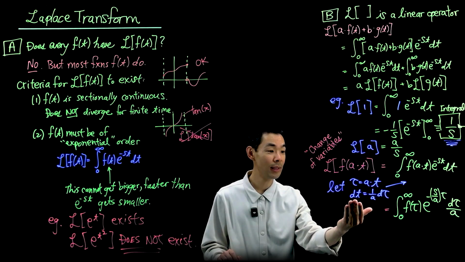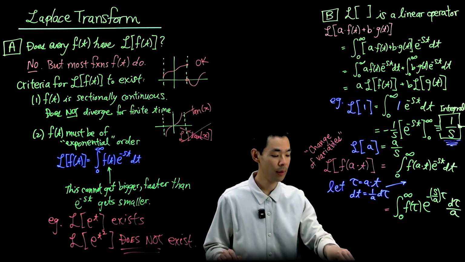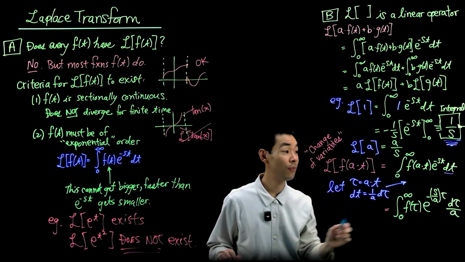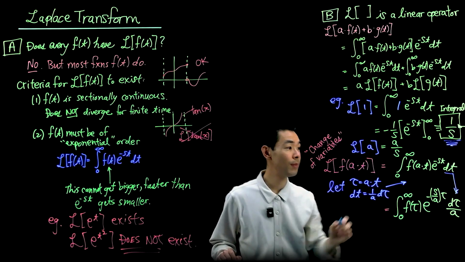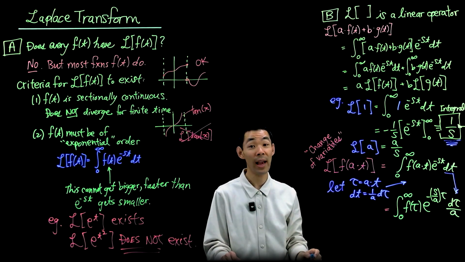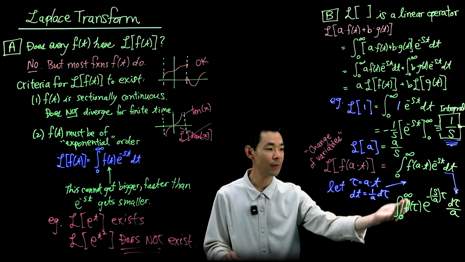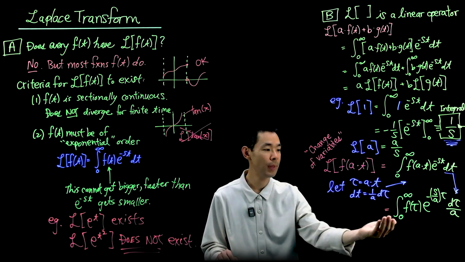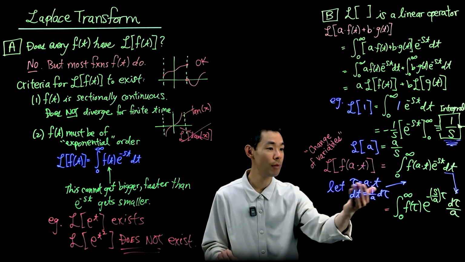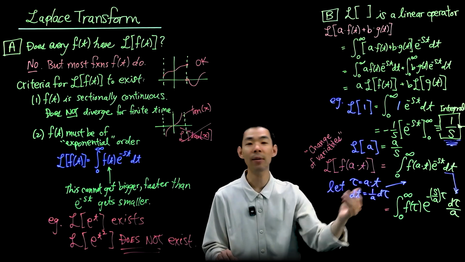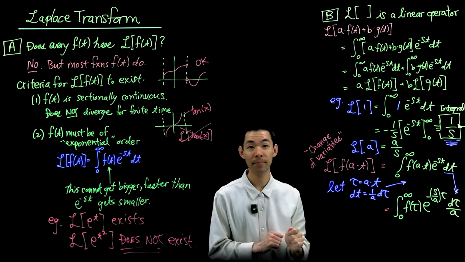So we could plug in dt into this differential element, which gives you directly d tau over a. The bounds of your integral don't change because at time t equals 0, tau is 0, and at infinity, tau is also infinity. So the bounds don't need to change.